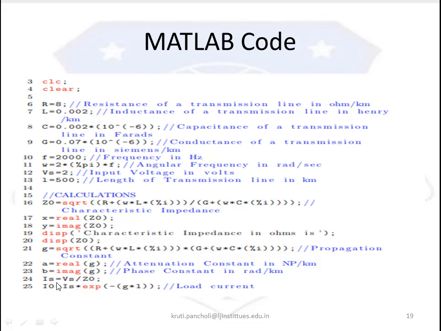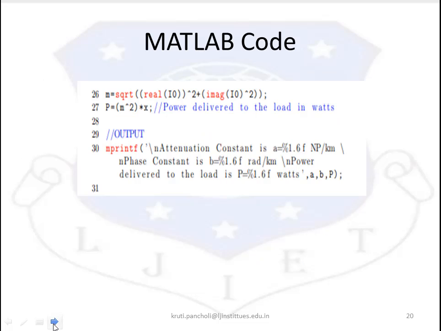We need to find the power. Very first we want to find the current, so we find the load current, which is V upon Z, and we can find the power delivered to the load, which is P equal to I squared R. And we can find the value of the attenuation constant.